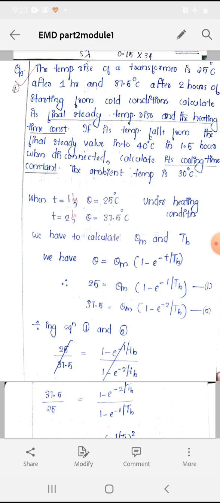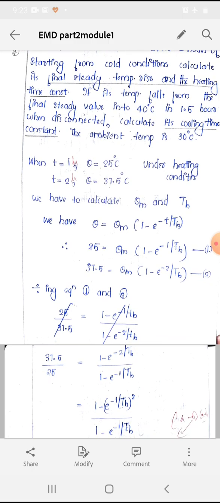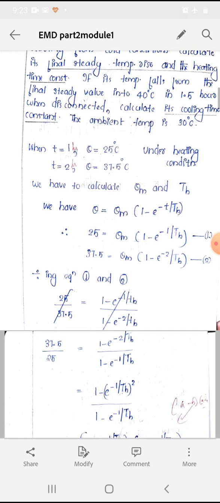The first equation is 25 degrees Celsius, that is theta in 1 hour: 25 equals theta m into 1 minus e raised to minus 1 by Th. That is equation 1. The second condition is 37.5 degrees Celsius in 2 hours: 37.5 equals theta m into 1 minus e raised to minus 2 by Th.